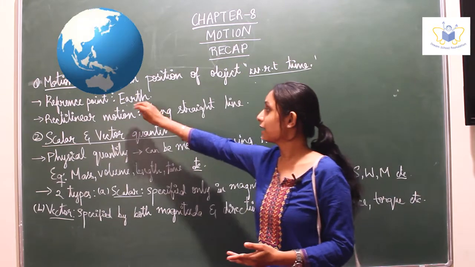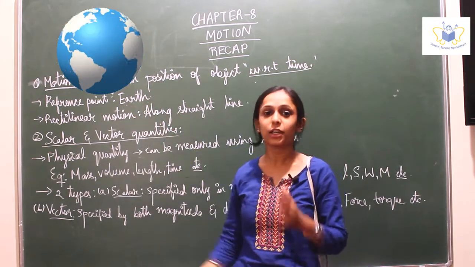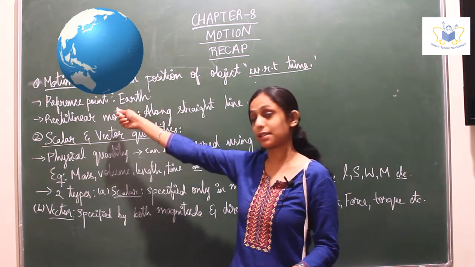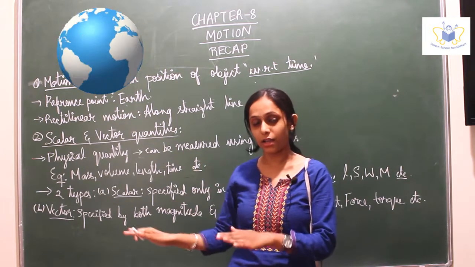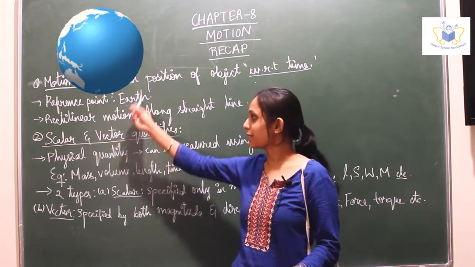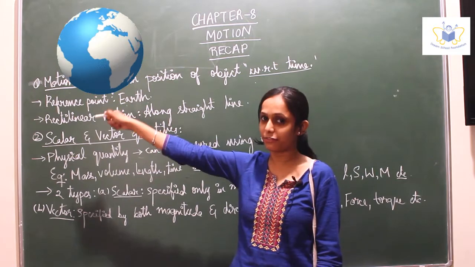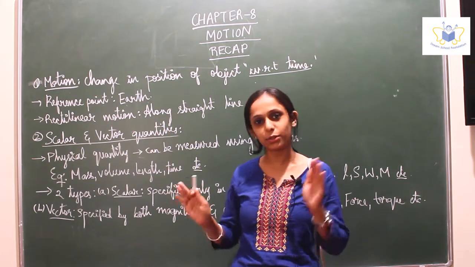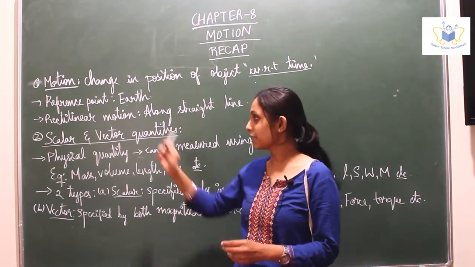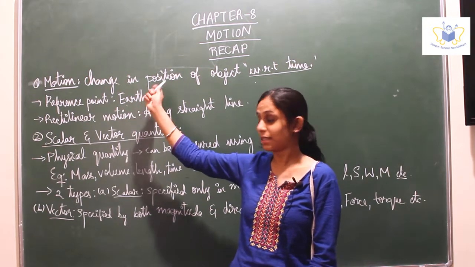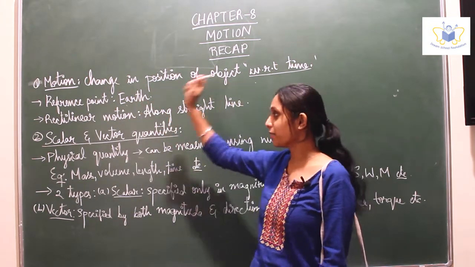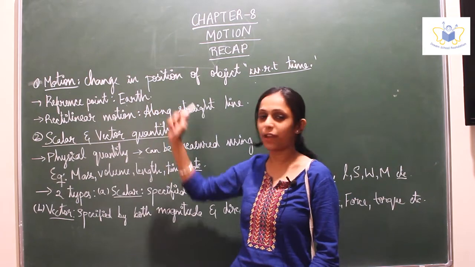No. If Earth is taken as a reference point, you don't revolve. Only Earth is revolving. You are still constant. You are not moving with respect to Earth as a reference point. You are a constant body. So this is about reference point and motion. This is very important: you define motion with respect to time and with respect to a reference point.